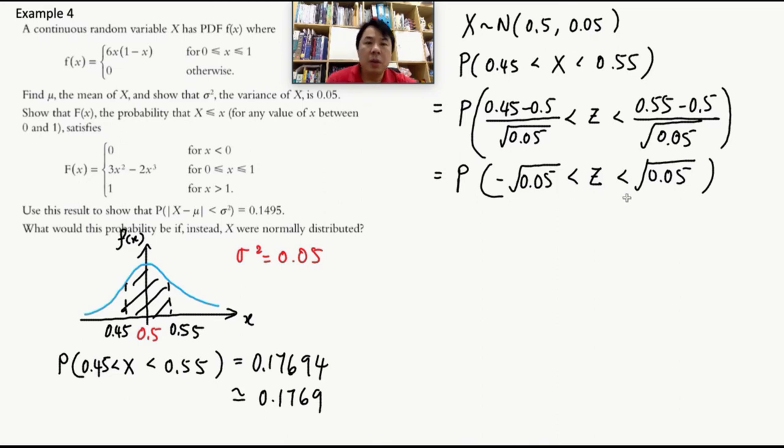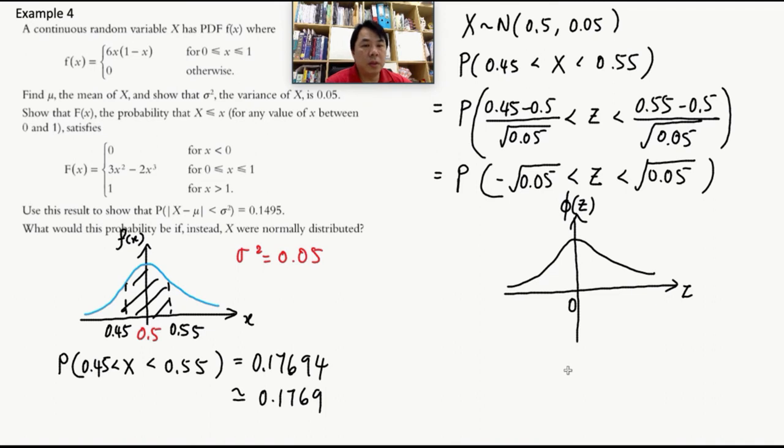Next, let me show you how to use the data booklet to actually obtain this result. But before that, in terms of z-score, this is how the shape looks like. Instead of using the original setting, if this was the z-score itself, the graph would look something like this.